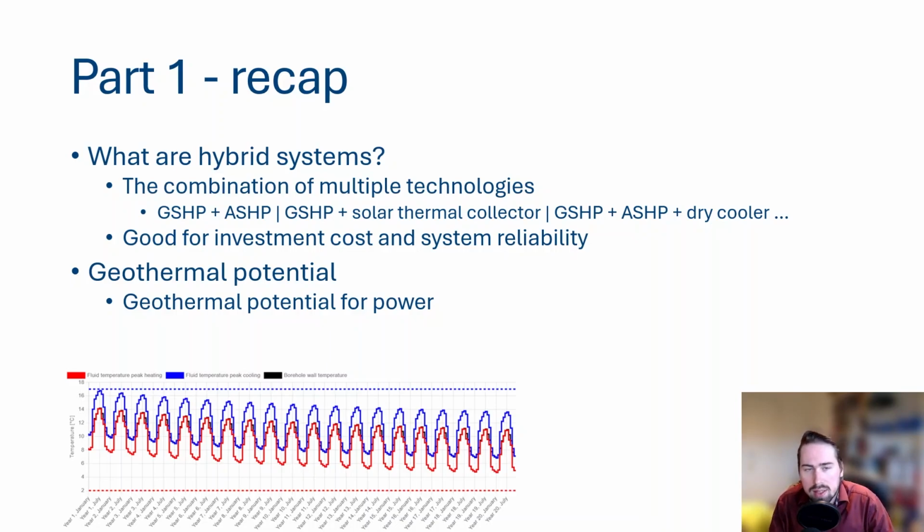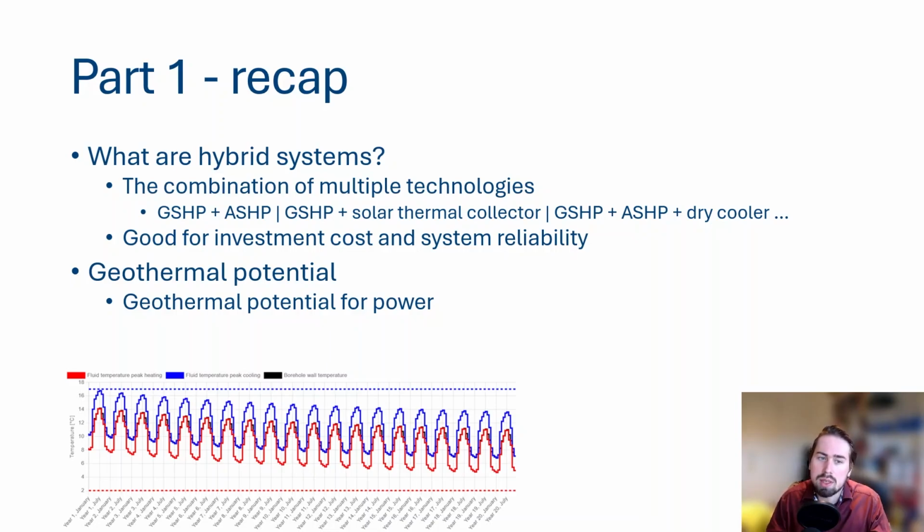And we have said that hybrid systems are beneficial because they're good for the investment cost, because by spreading your required power to heat and cool your building across multiple technologies, you can also leverage the benefits of those different technologies. For example, some technologies might have a lower investment cost, since the borefield is rather expensive.